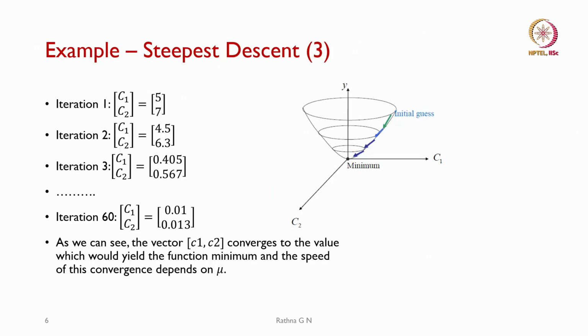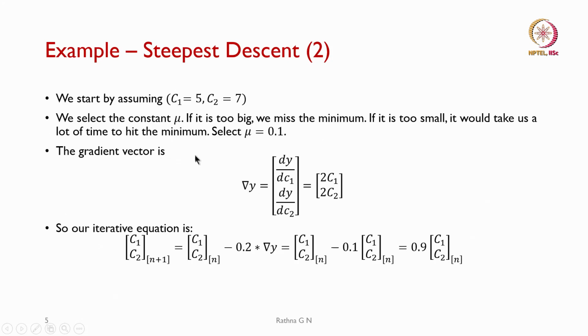Now what we are going to substitute is, in the first iteration, C1, C2 is 5 and 7, as given. In the second iteration, C1, C2 according to this equation, we substitute C1, C2 and solve: 0.9 times C1, C2.